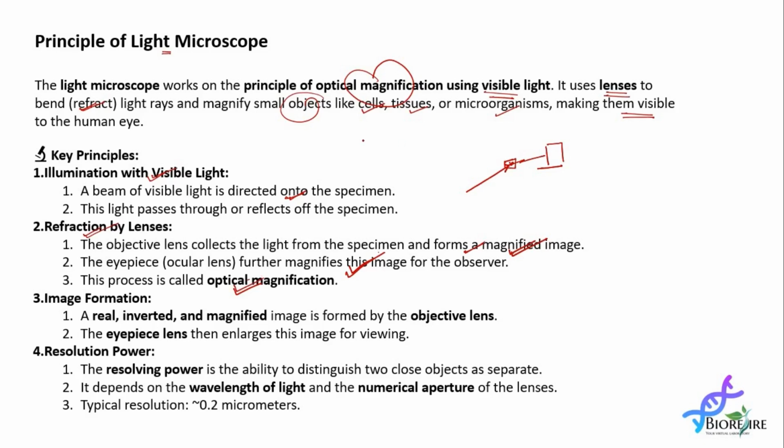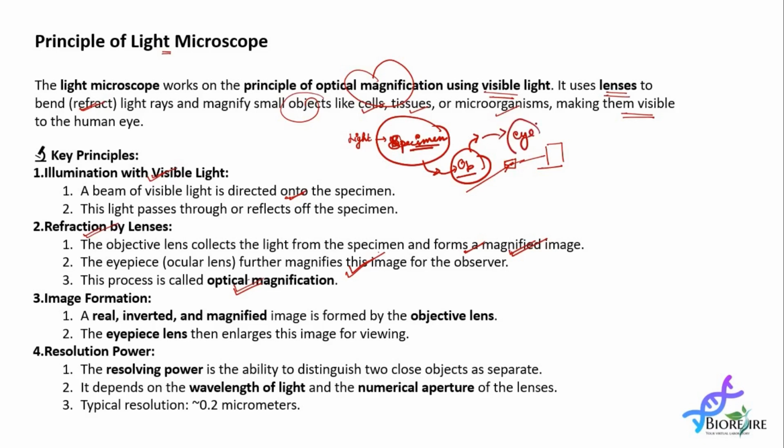First is the light, and this light is passed through the biological specimen. Through this specimen, the light is reflected, and this reflected light is collected by the objective lens. The objective lens magnifies this image, then the light reaches the eyepiece lens.